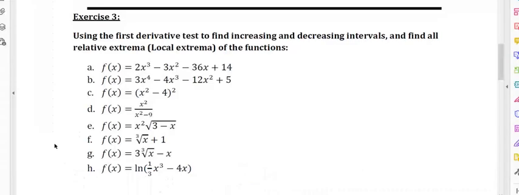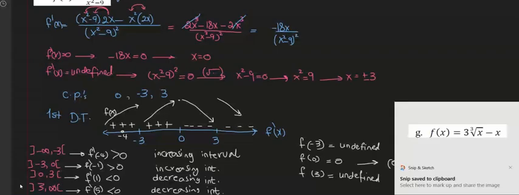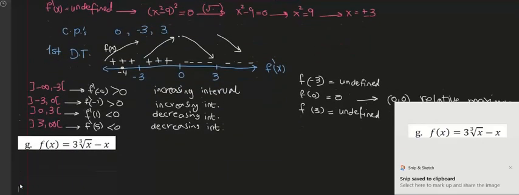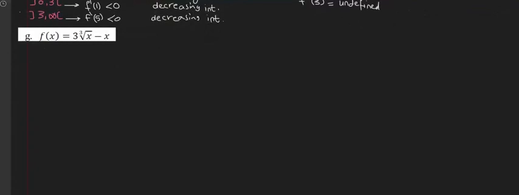Let's pick number G. Now what do we need to do? We need to do exactly the same requirement. We need to find f dash, which is, we have here the root.